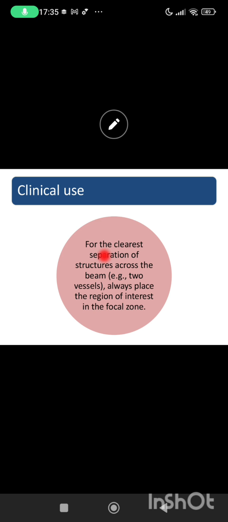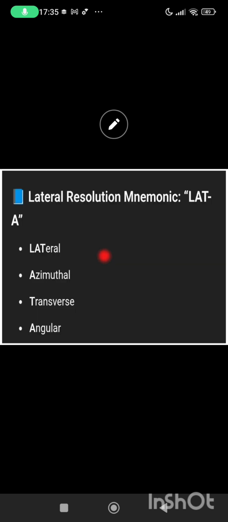For the clearest separation of structures across the beam, always place the region of interest in the focal zone. So here's a mnemonic, LATA, for lateral. So LATA stands for lateral, azimuthal, transverse and angular.